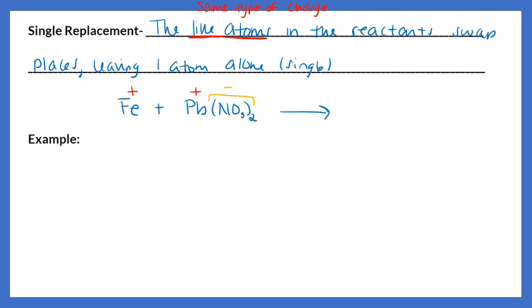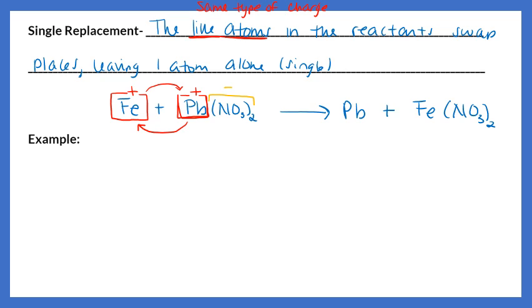Therefore, my like charges are my metals. So my metals are going to swap places. Iron is going to go hang out where the lead is, and lead is going to hang out where the iron is. So let's rewrite this. My lead becomes alone, and my iron hangs out with my nitrate.